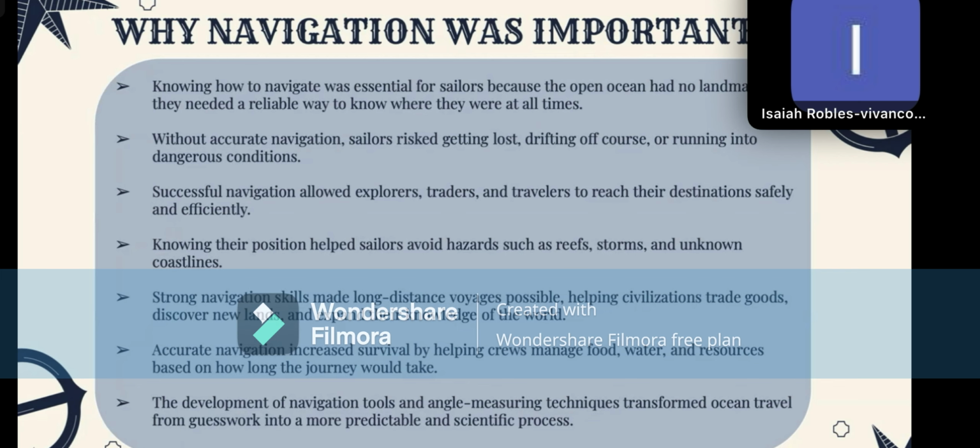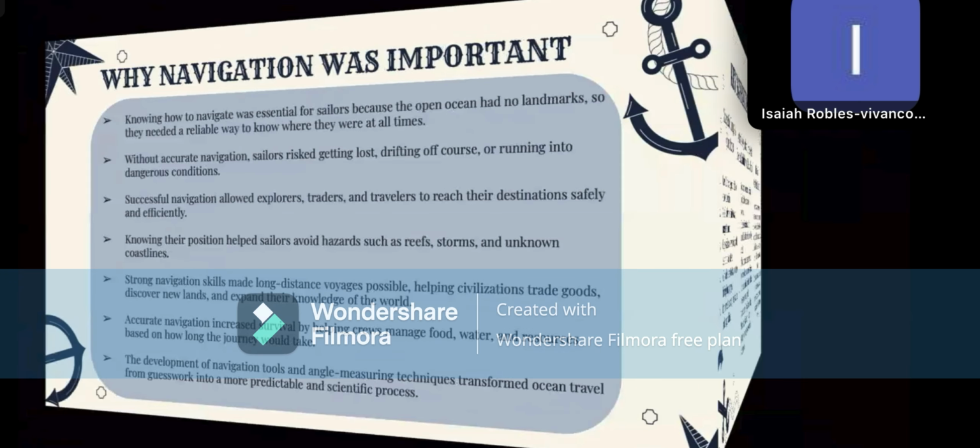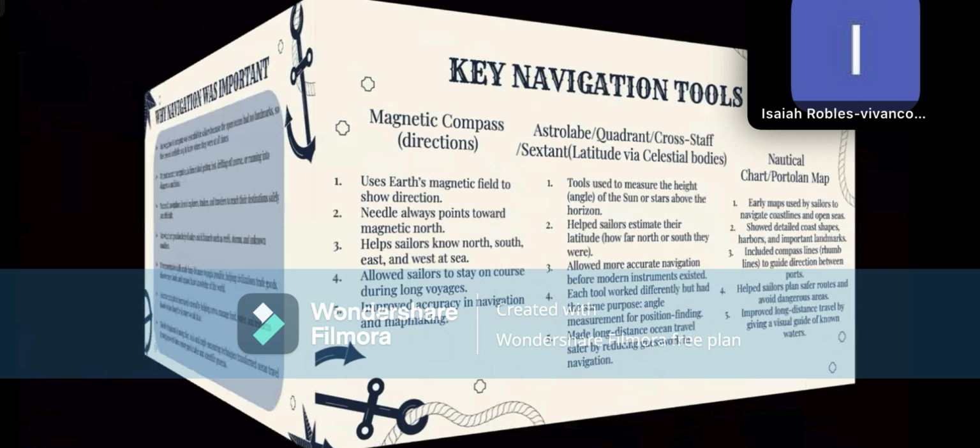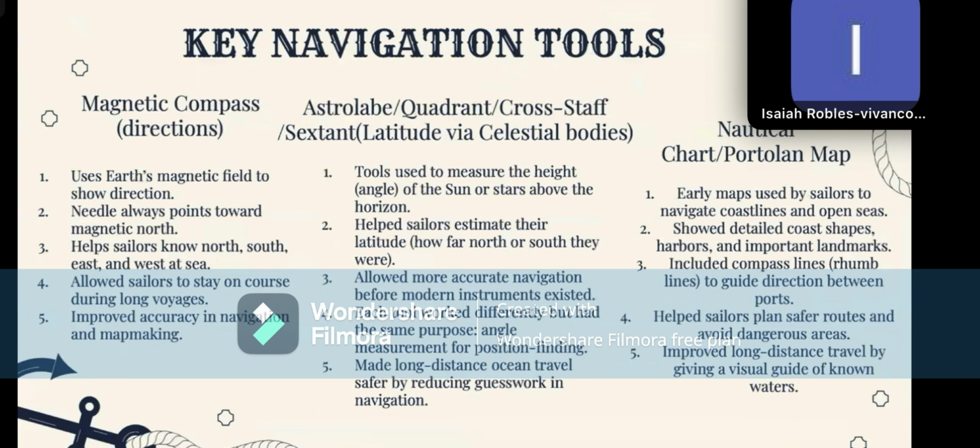In this next slide, we talk about our key navigation tools. A few of these are the magnetic compass. We have a needle that always points north, so we always know where north is. This helped improve accuracy in navigation and map making, and allowed sailors to stay on course during long voyages.